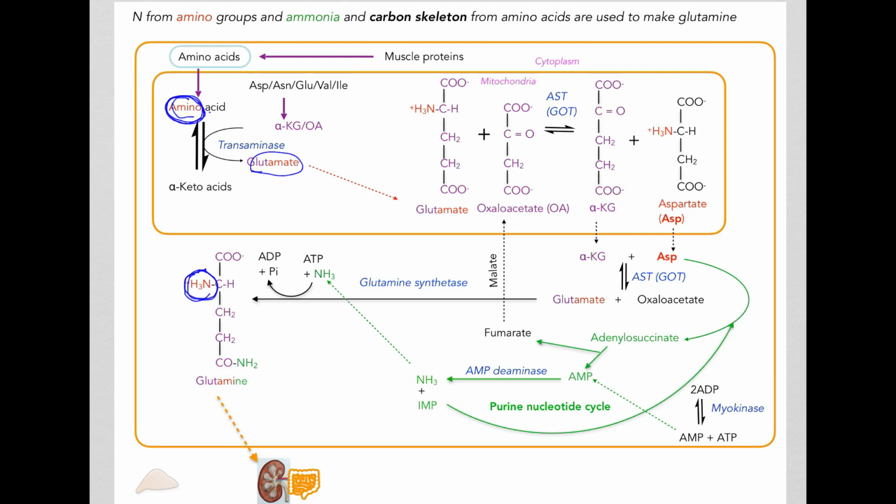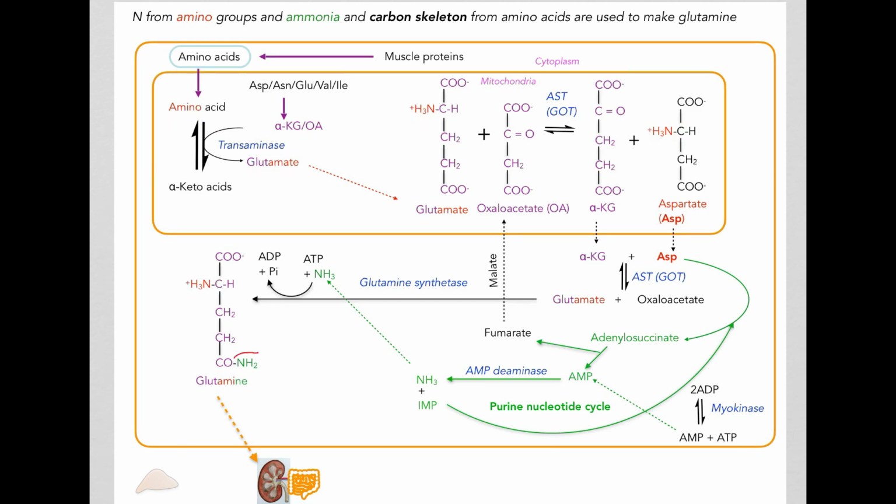So here is the alpha amine group, and then that's transferred to aspartate, and then the reverse of the reaction happens in the cytoplasm, and once again we get glutamate. So this is the amine group of glutamate, which is this group here. Basically this group is the alpha amine group from the amino acids that are broken down in skeletal muscles.